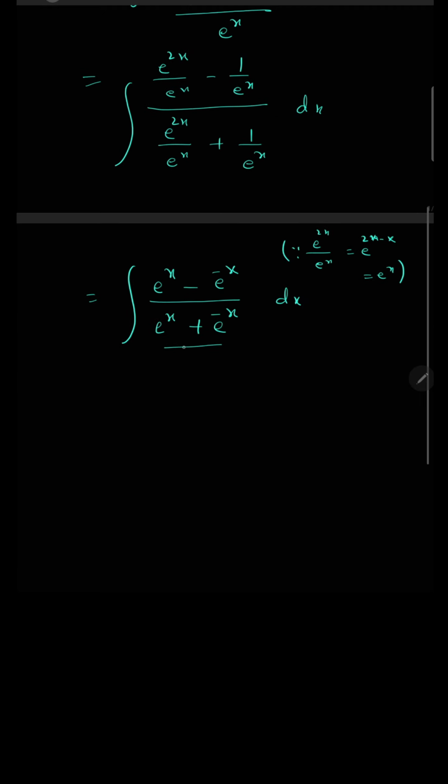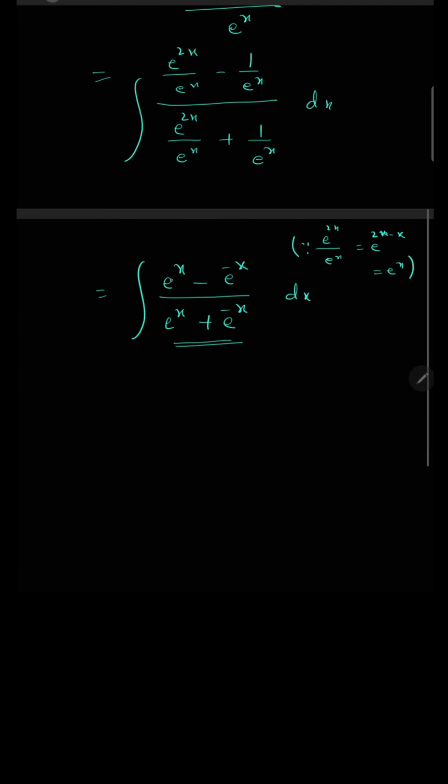Now, if you suppose the denominator as t, the numerator will be its differentiation. Now we shall suppose let e power x plus e power minus x is equal to t. Then d by dx of e power x is e power x only.